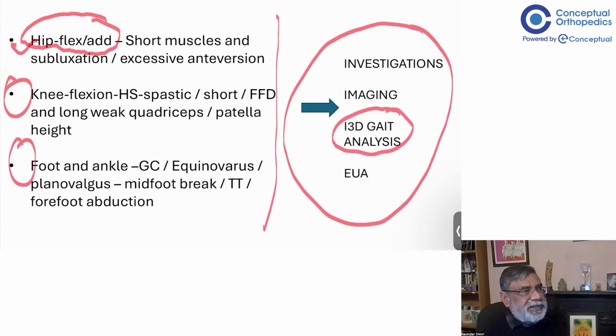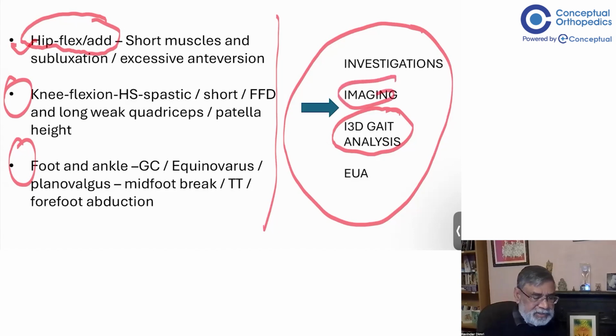And the computer can tell you how much flexion in the hip joint is happening in the stance phase, swing phase, and give you exactly the gait pattern and which muscle is firing. Simultaneously, you do EMG also of these muscles. So which muscle is firing, which is not firing, you do that also. But that won't be asked too much because availability is not there in most of the centers.